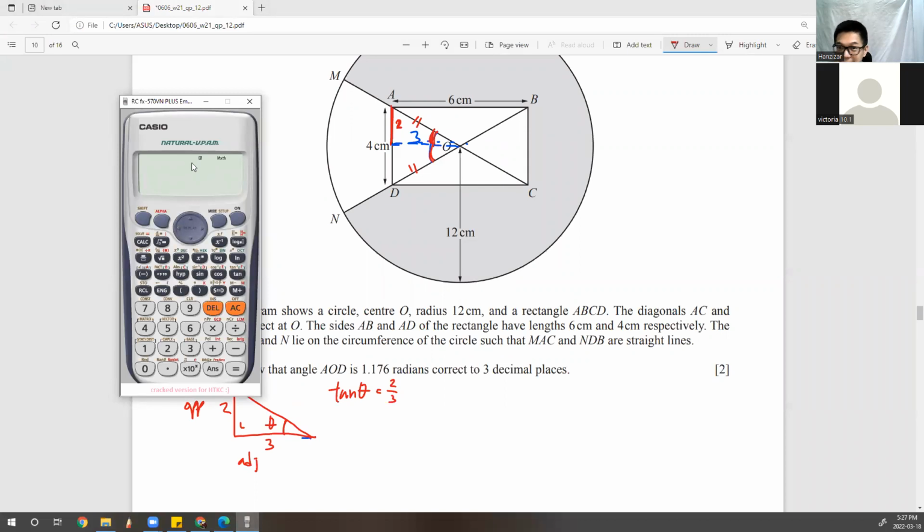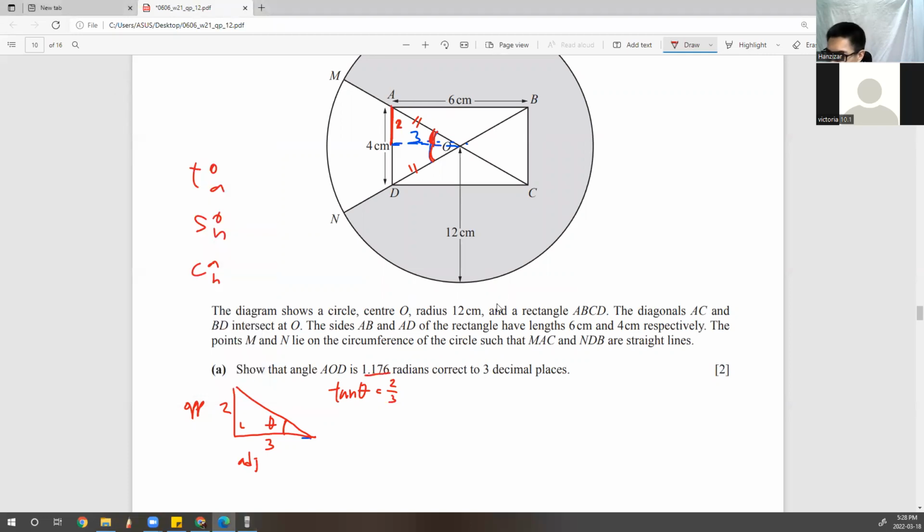Make sure that this is in radian mode. Shift tan 2 by 3 gives 0.588. And then you multiply by 2, right? Directly. Go ahead. 1.176. Same, right? So 2 theta equals 1.176 radian. It is proven. Next.